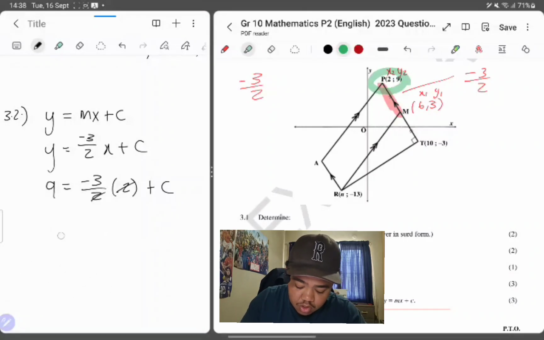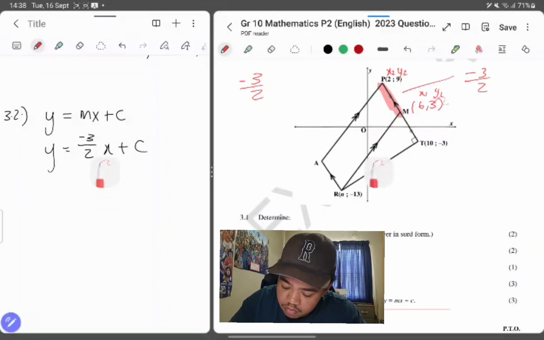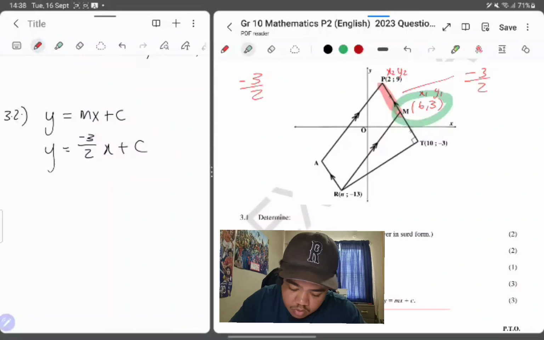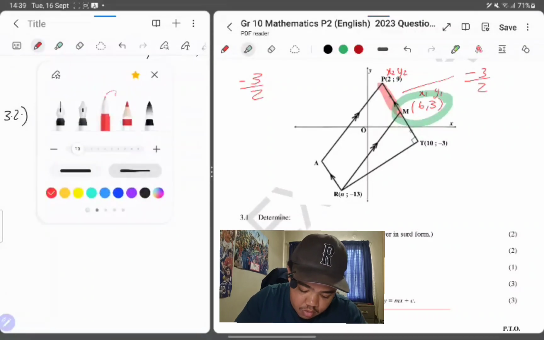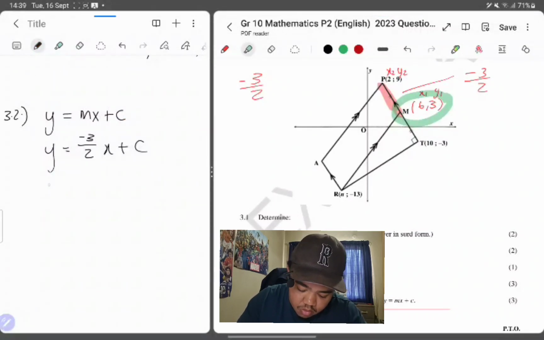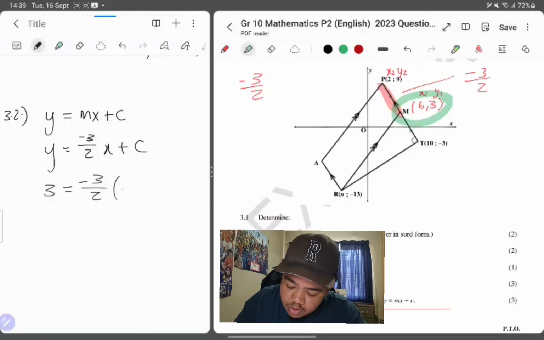So now instead of using the coordinates of P, let's use the coordinates of M. I'm going to put in 3 here, is equal to negative 3 over 2, and the x value will be 6, plus c. 2 goes into 6 3 times.